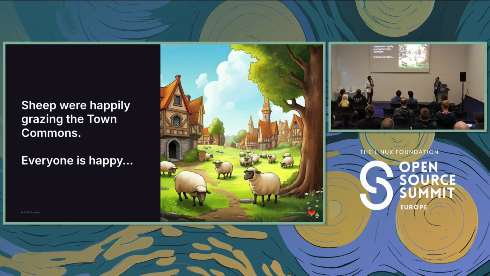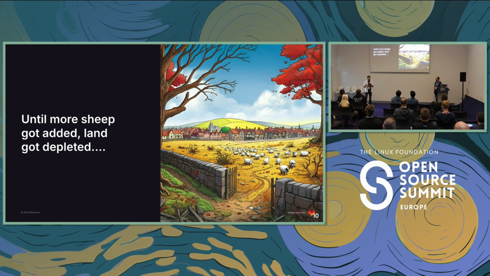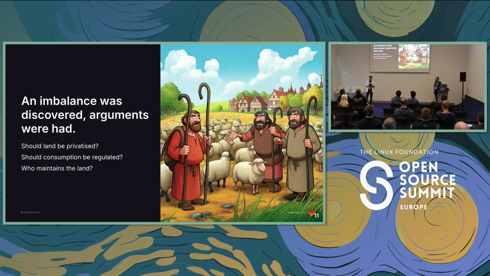Sounds like a dream, right? But then more sheep got added because everything went well, and at some point, there was no more grass. And then you could question, who was responsible for this grass? Why did no one take care of the grass, or why did no one say stop?